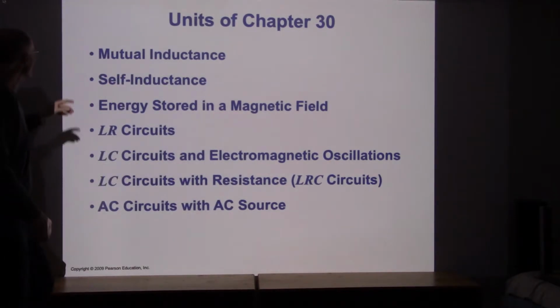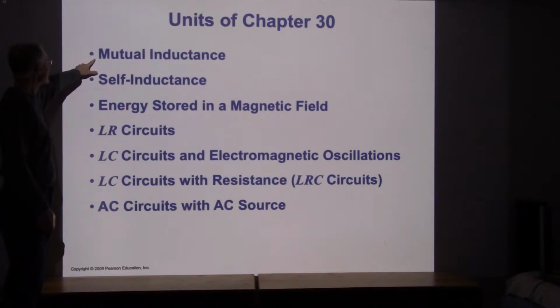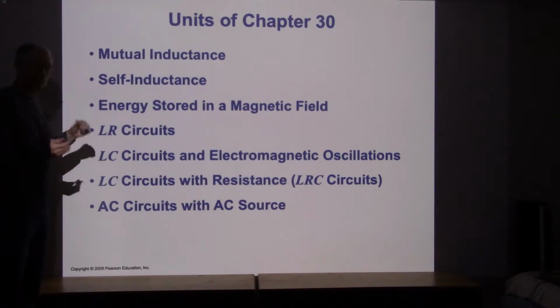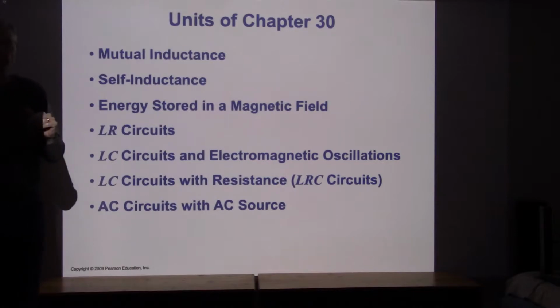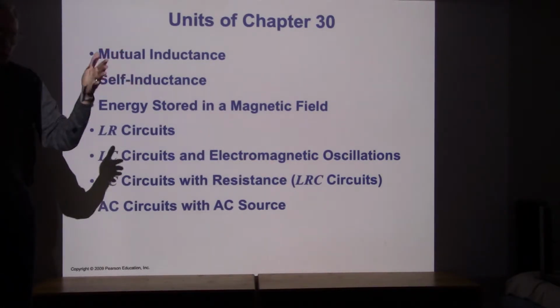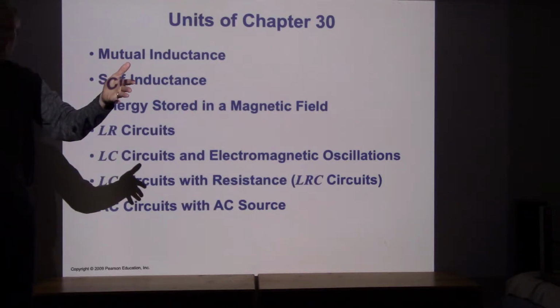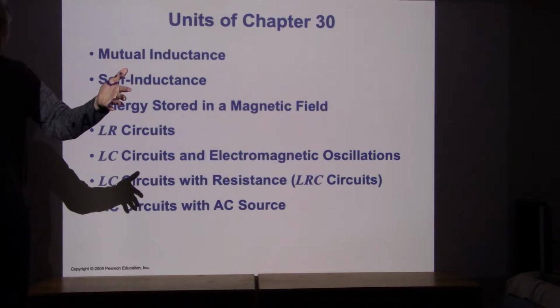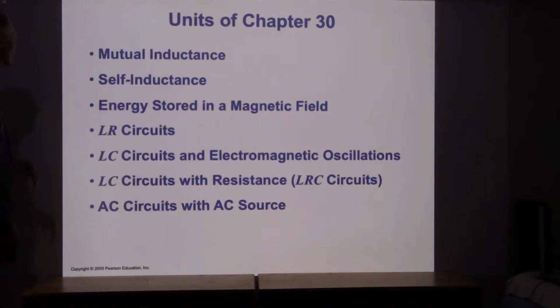So from that, we can create devices based on mutual inductance and self-inductance. Inductance means I can make currents in these other wires move without touching them, by making other currents move in other wires.